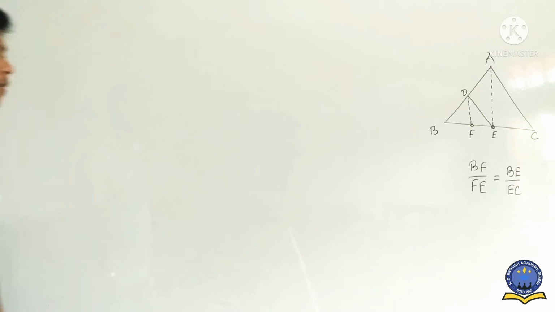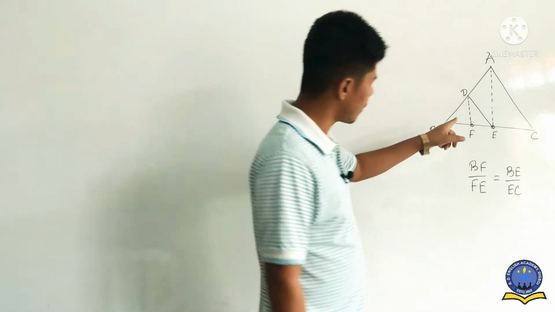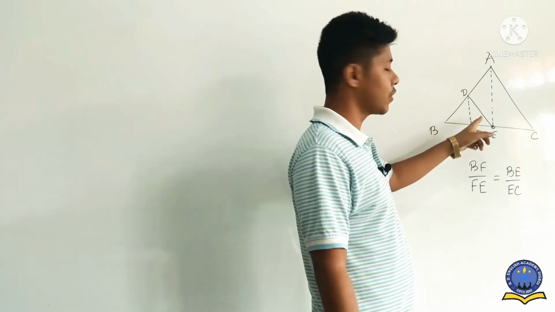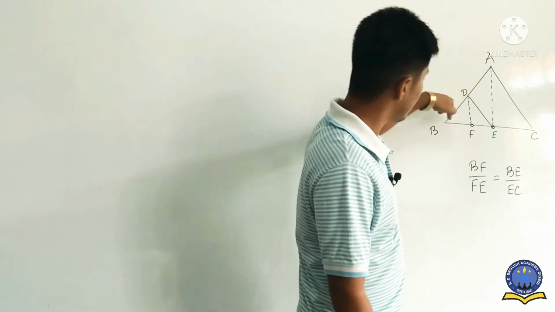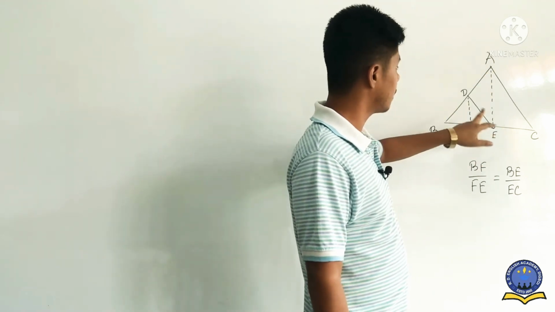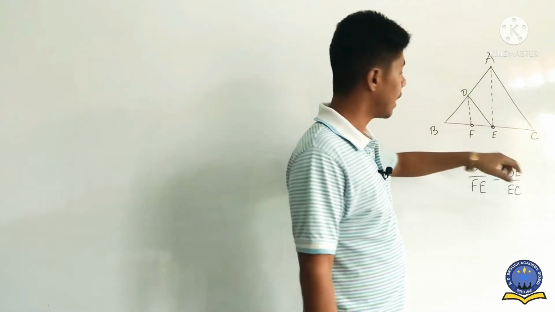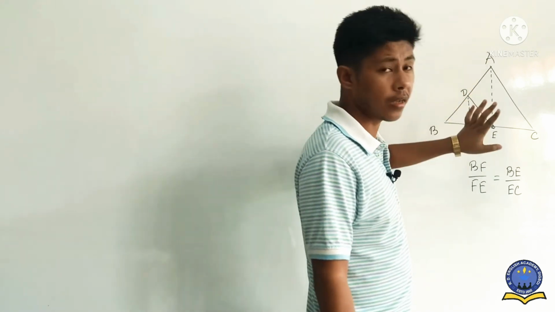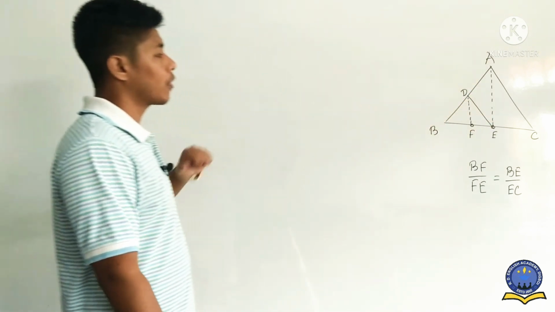These two conditions are given: DE is parallel to AC, and DF is parallel to AE. That's why it is drawn separately, so it is more visible to check the parallel lines. Clear?